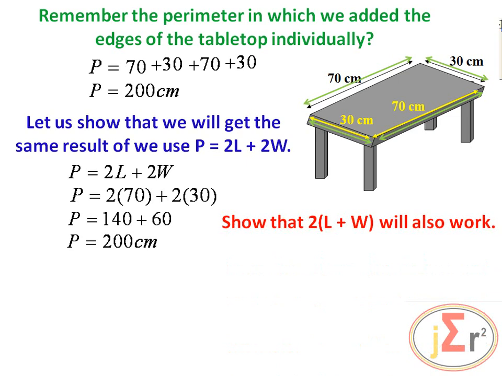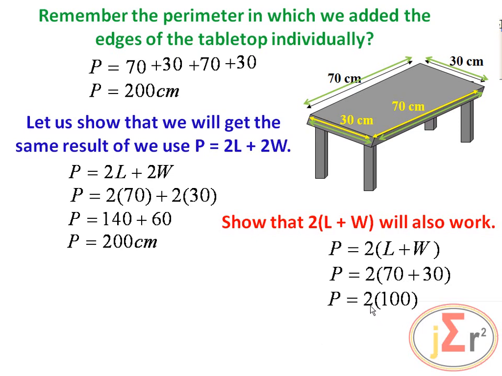Show that 2 times the sum of L and W will also work. P is equal to 2 times the sum of L and W. What is L? 70. And W? 30. Add them: 70 plus 30 is 100. 100 times 2 is 200.